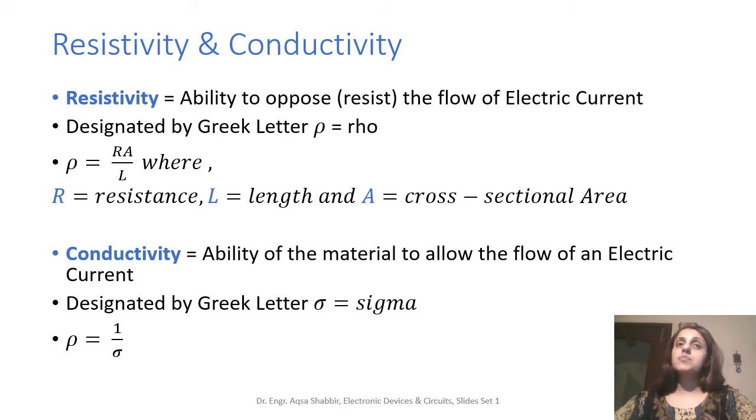Conductivity, which is a reciprocal of resistivity, is the ability of the material to allow the flow of an electric current. It is designated by the Greek letter sigma. And as this last equation suggests, conductivity is the reciprocal of resistivity.